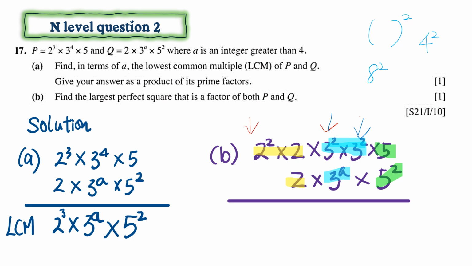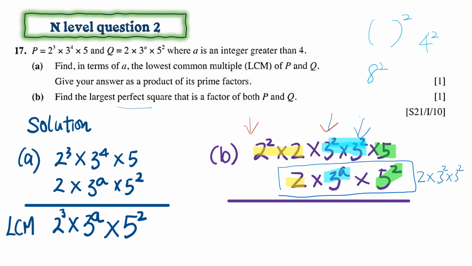But we need to find the largest perfect square that is a factor of both p and q. That means it must happen in p, it must also happen in q. Right, so we are told that a is an integer greater than 4. So in other words, this one here, we can rewrite it as 2 times 3 to the power of 2 times another 3 to the power of 2.